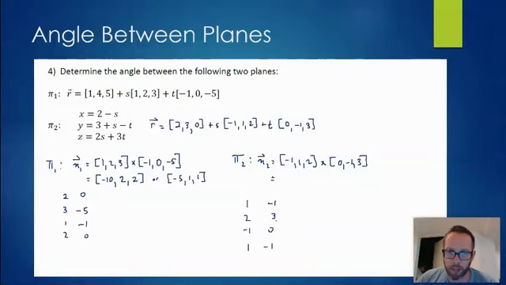So that's 3, take away -2, so 5. And 0, take away -3, that's 3. And 1 take away 0 is 1. Is that what we get? Just double checking here.